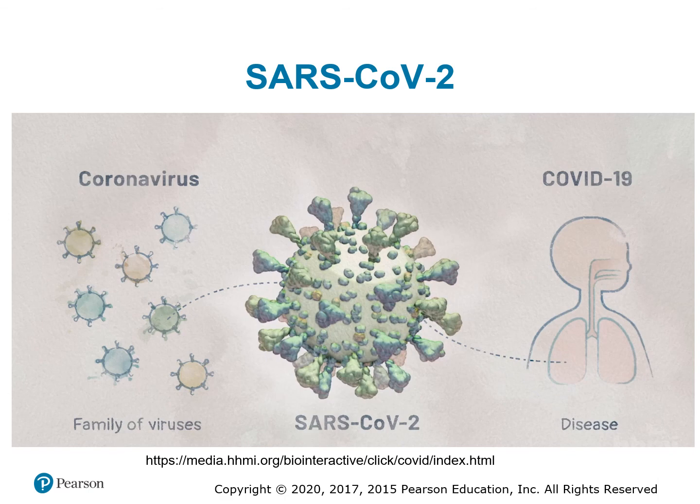SARS-CoV-2 is part of a whole family of coronaviruses. There are other coronaviruses that cause these respiratory infections. And COVID-19 is actually the name of the disease that is caused by SARS-CoV-2.